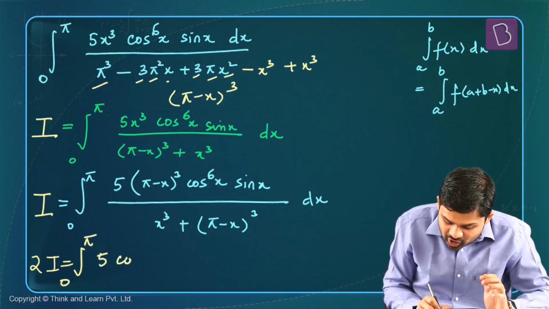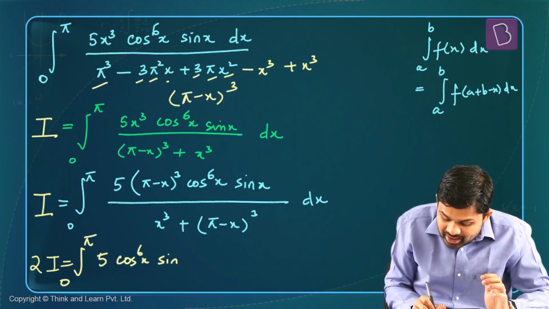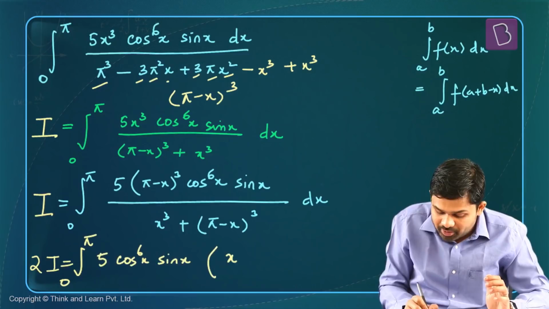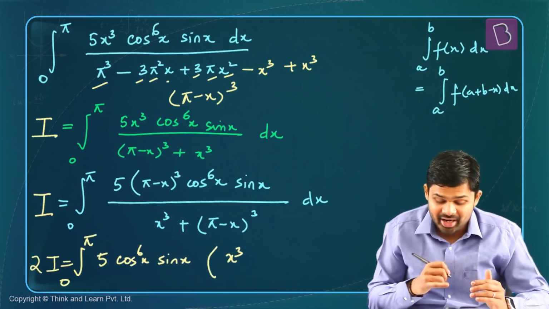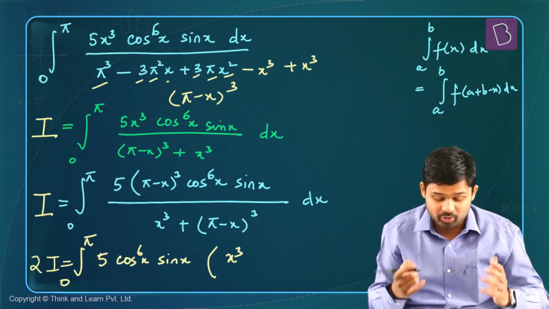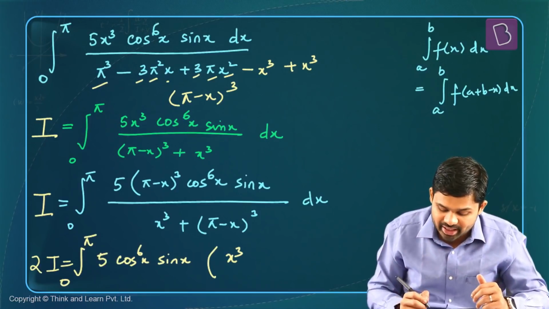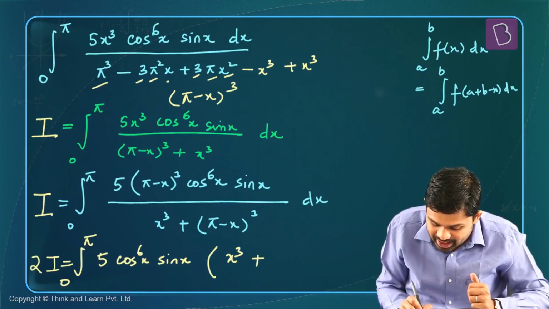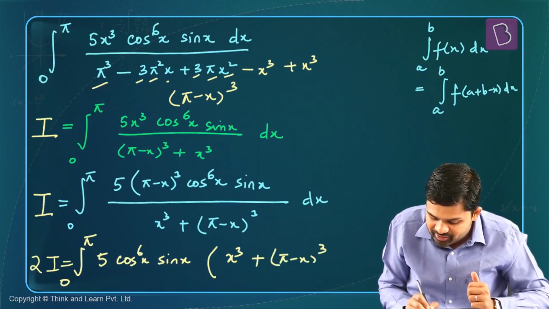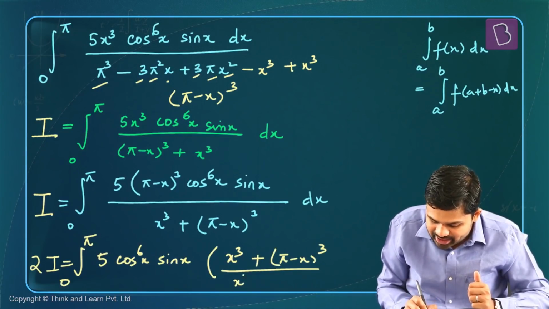So I have 5 cos to the power 6x sin x. And then I have x cubed coming from the first term divided by pi minus x the whole cubed plus x cubed. Well, pi minus x the whole cubed plus x cubed is there in both the expressions, so that'll be my common denominator. So I have x cubed coming from the first term, pi minus x the whole cubed coming from the second term. The denominator is nothing but x cubed plus pi minus x the whole cubed.